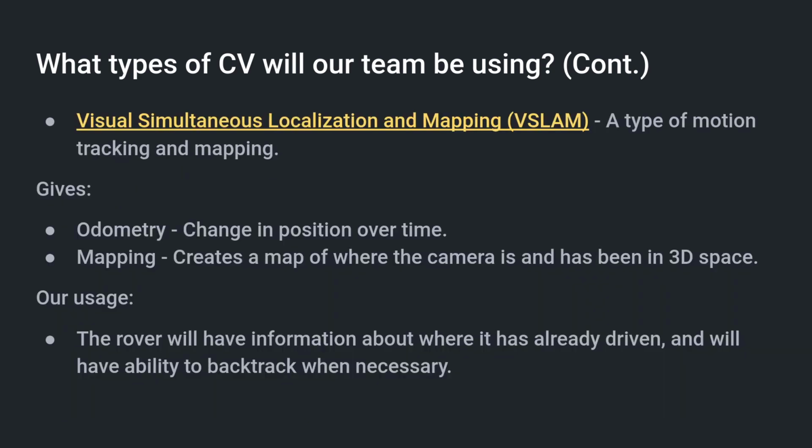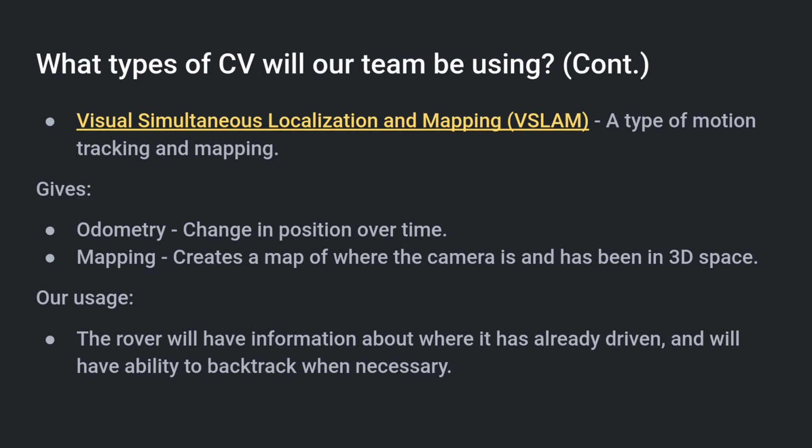So, Visual Simultaneous Localization and Mapping, or VSLAM. This is a type of motion tracking and mapping. So what does this give us? It gives us odometry, which is a change in position over time. So we'll have an understanding of the position and orientation of the camera that's attached to the rover.